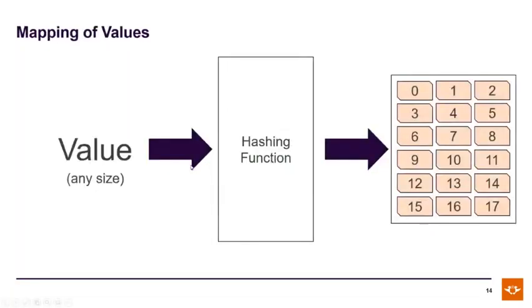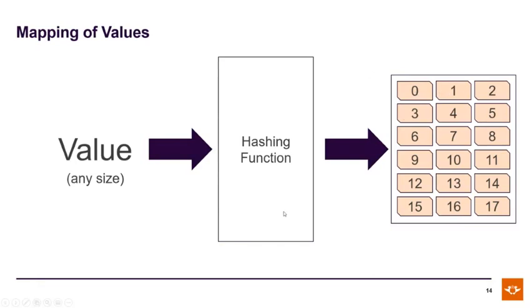A hash allows you to convert a value using a mathematical calculation into a set size output. Now, in our case, our set size output represents our integer, which is a 4-byte output.